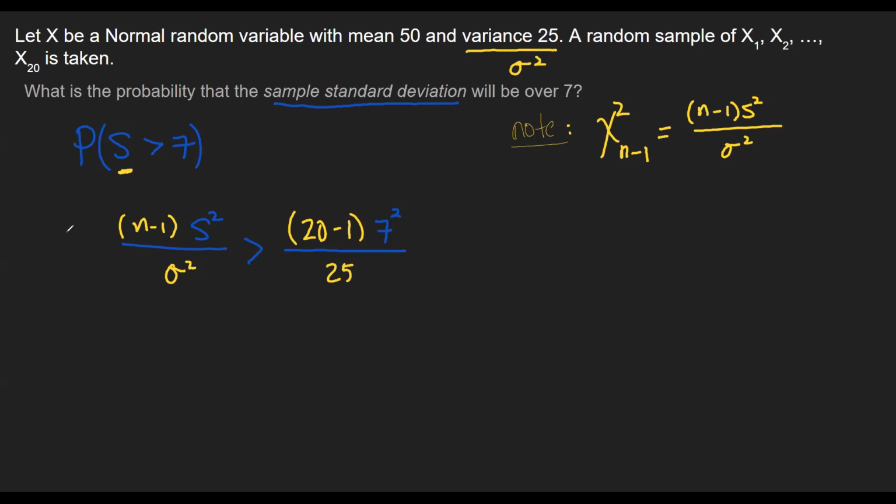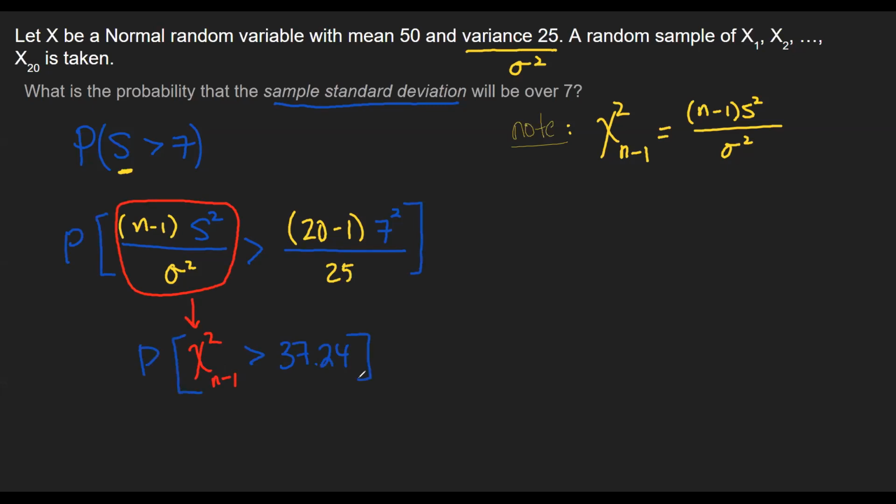So all I'm doing here is modifying my original probability statement from S to this expression in the red box. And the whole point is this is your chi-squared distribution. If I do some arithmetic, 20 minus 1 times 7 squared over 25 gives me 37.24.